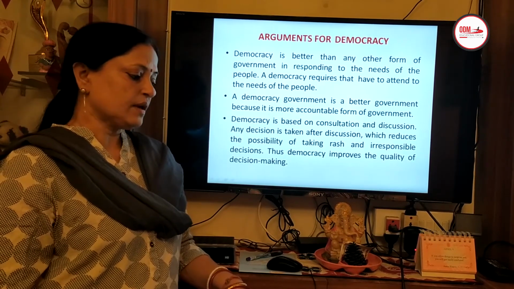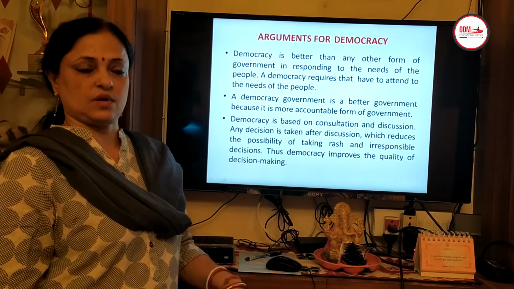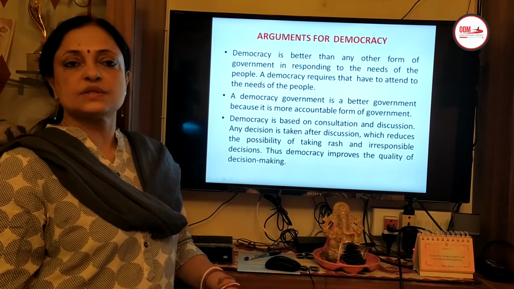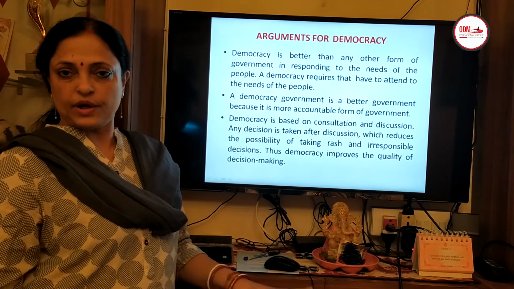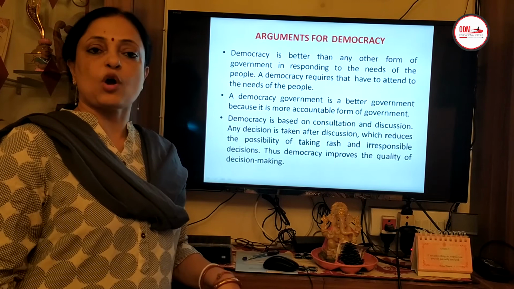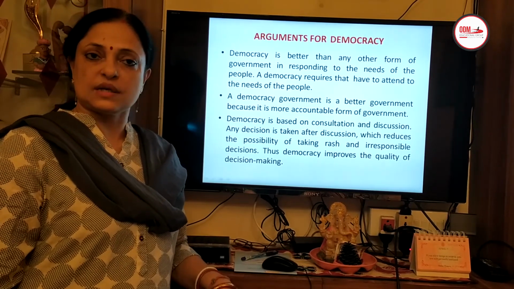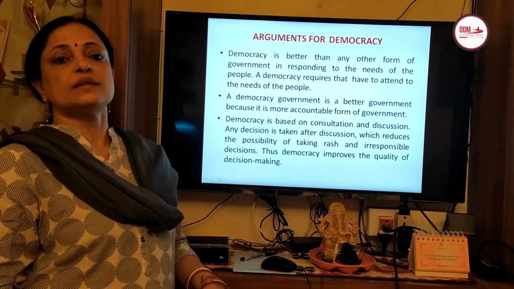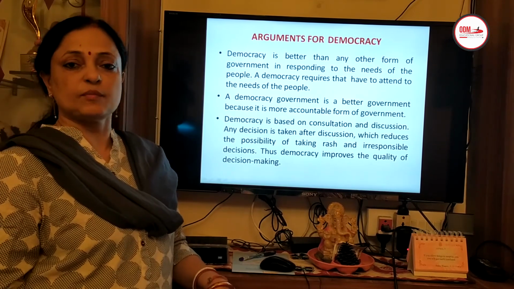Then democracy is based on consultation and discussion. We know that democracy is a form of government where elected representatives sit together. If any problem arises, they sit together and take the decision. When so many heads are put together, that decision is better than one taken by a single person.